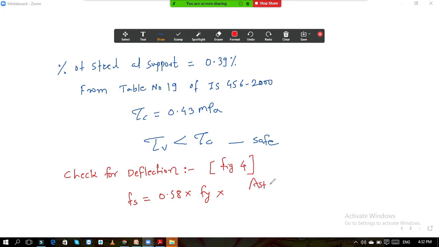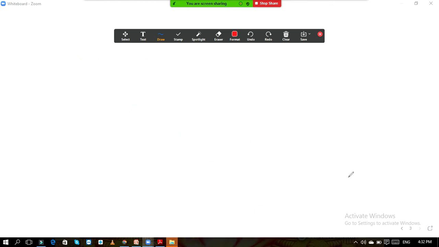Now we have all the values, so we will just put the values over there.